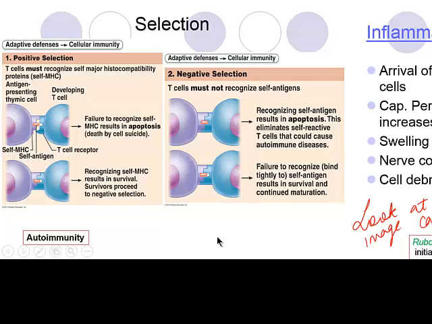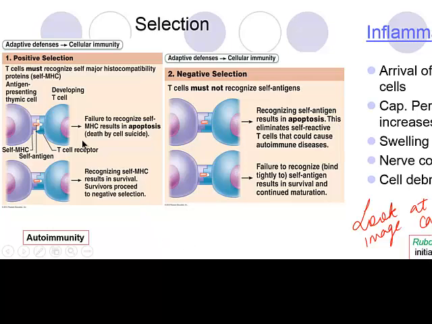So this selection process occurs in the body when they are getting trained in the thymus or in the bone marrow, and here an example is being given of the thymus. This is a very interesting way that they are trained.